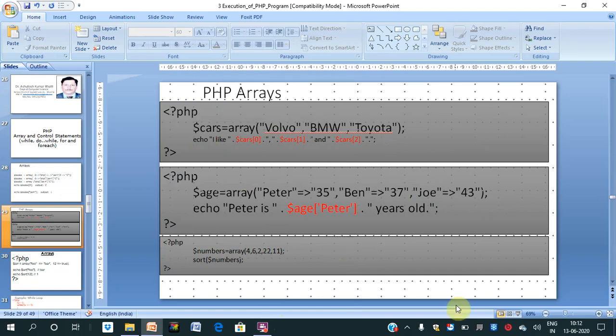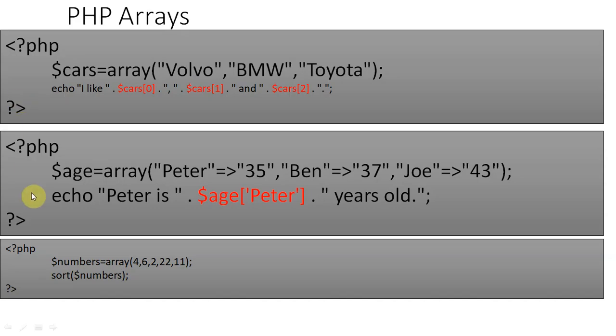Now you can see here in the second statement, this is again PHP code, and here age is an array variable, and we have mentioned that at the Peter position we are storing 35. So the age of Peter is 35, which means age is an array, but its subscript is Peter. Its subscript is not 0, 1, 2, 3, 4. Its first subscript is Peter.